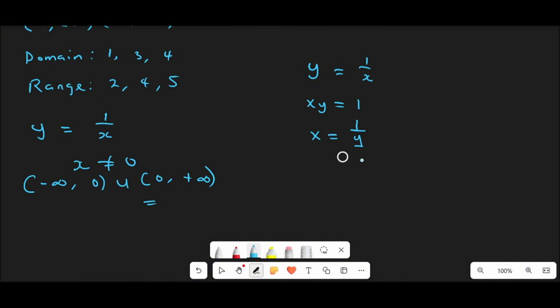And this given equation, we know that it will be undefined if y equals 0. So the range also is (negative infinity, 0) union (0, positive infinity).